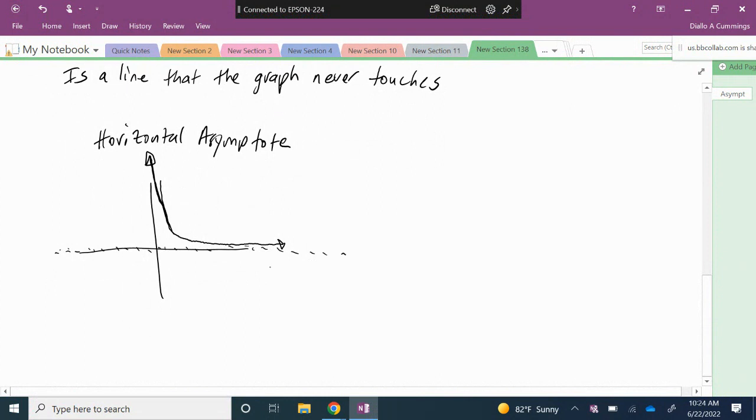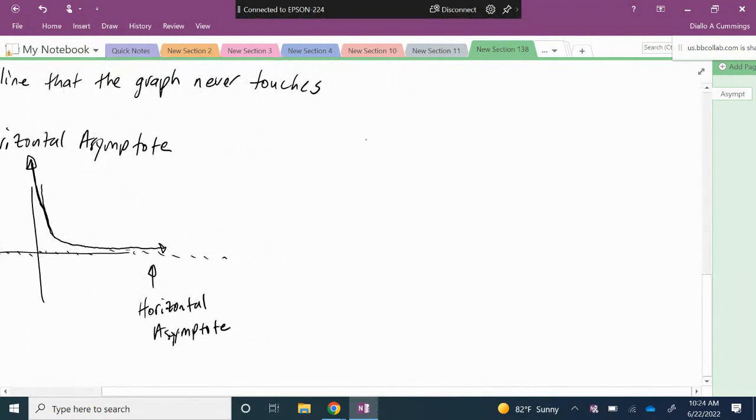That would be the definition of an asymptote. Since this line is horizontal, this is a horizontal asymptote. The goal is to identify the asymptotes, and then we'll also be able to pull out the equations that produce these asymptotes.